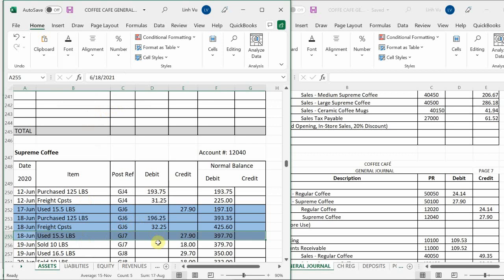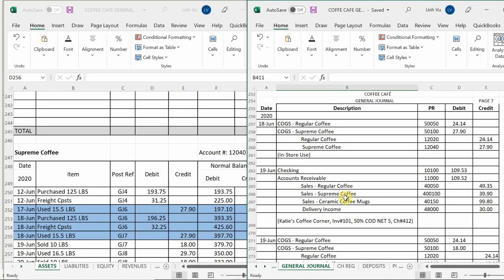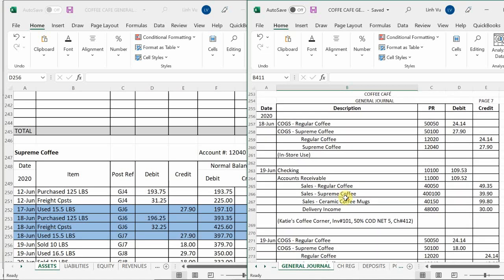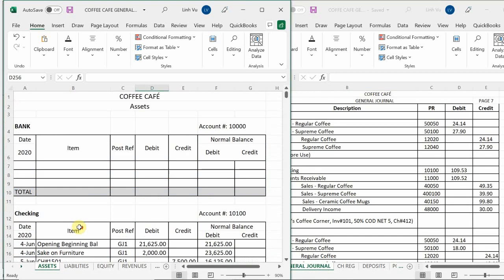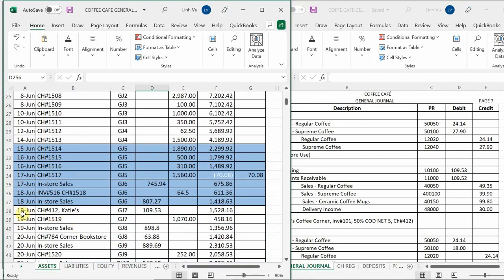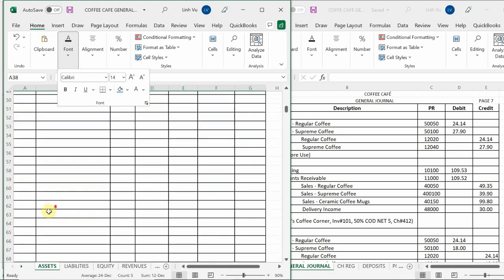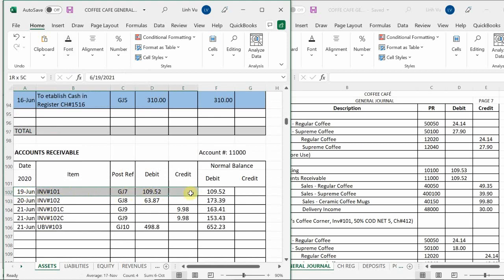Okay. All right. On the 19, right? Nothing in between but a sales to a particular person. Okay. So we got checking and accounts receivable. So here we received a check for the 109. And then we have the accounts receivable for the 109. So that's correct.